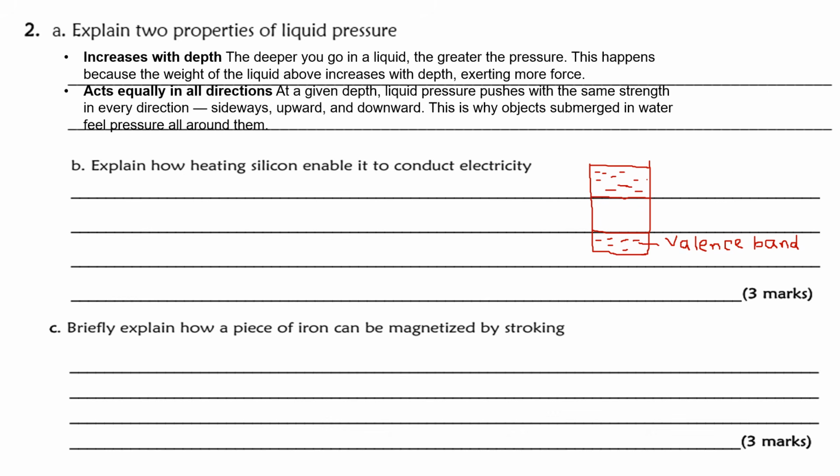Allow me to just call it CB, conduction band. Between the valence band and the conduction band, there's a gap, this gap here. It is called the forbidden gap.